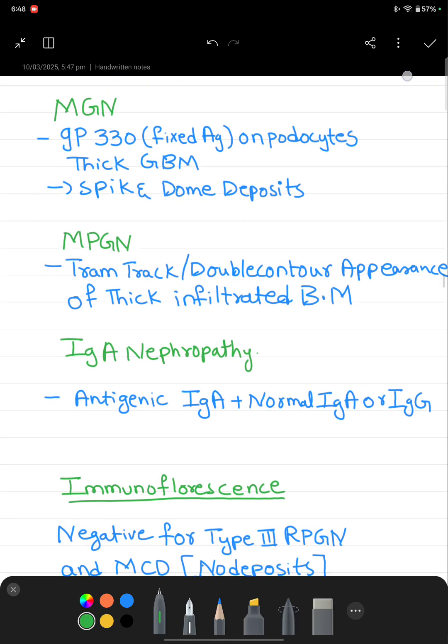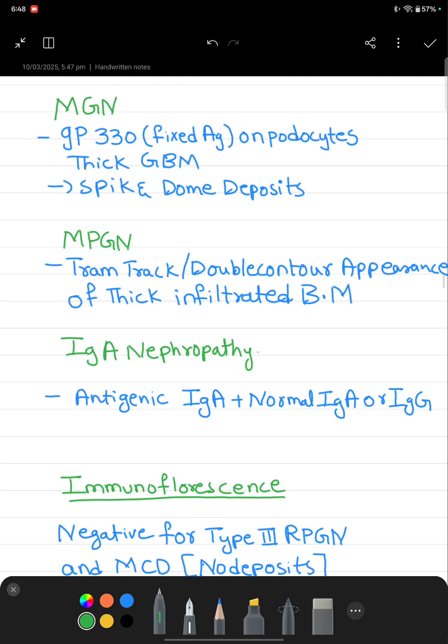Next, the MGN. In MGN, GP330, that is glycoprotein 330, is a fixed antigen present on the podocytes. This GP330 of the podocytes is attacked by autoantibodies. Spike and dome deposits are present in MGN because of this GP330 fixed antigen.